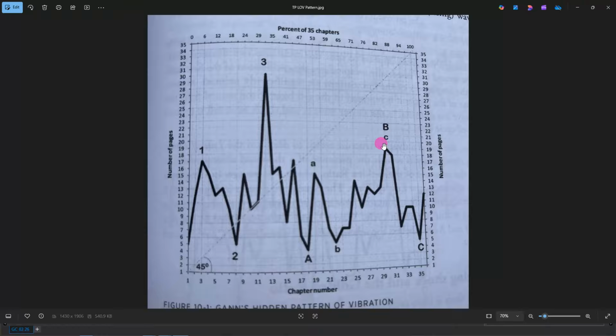Right here they're showing it at 85%. That peak may not always happen there. It may happen at the 66 area. They're showing this high here at the 374 area. It generally shows up at the 66 area.